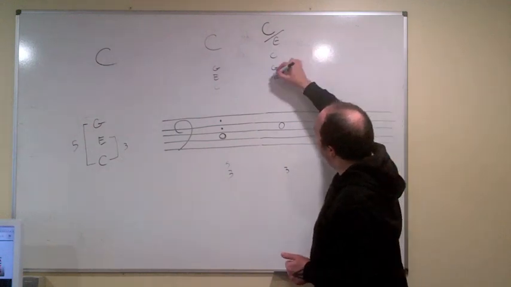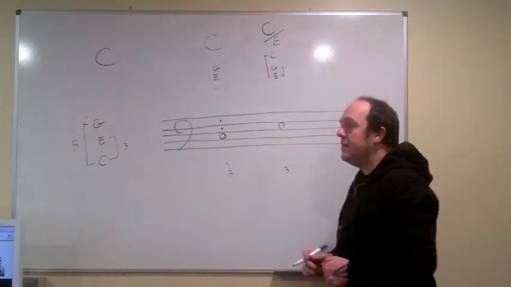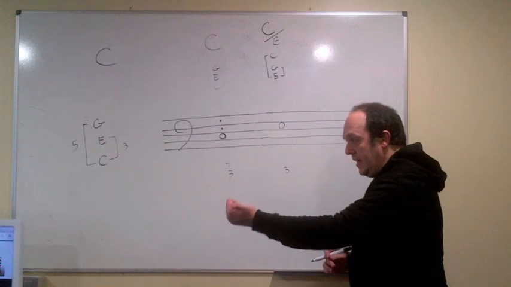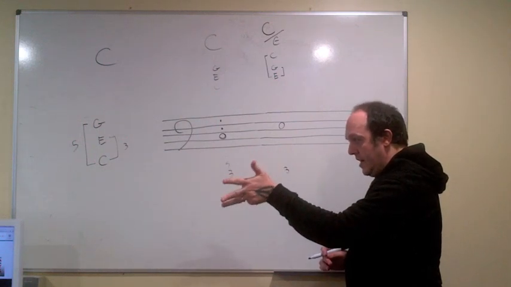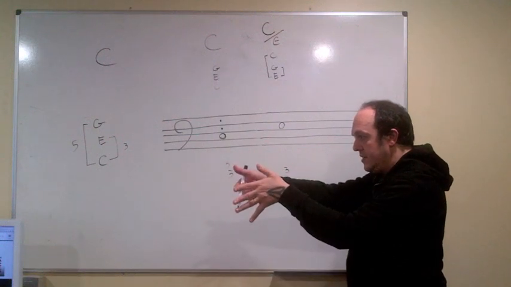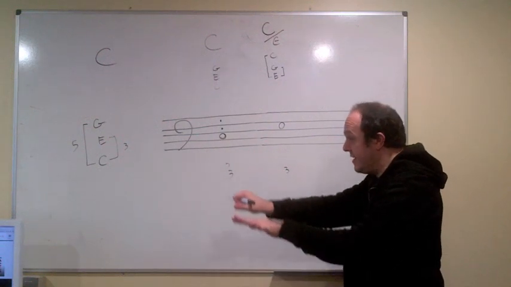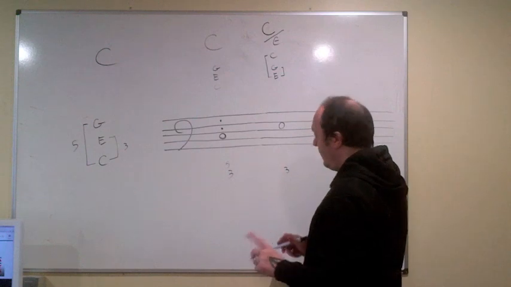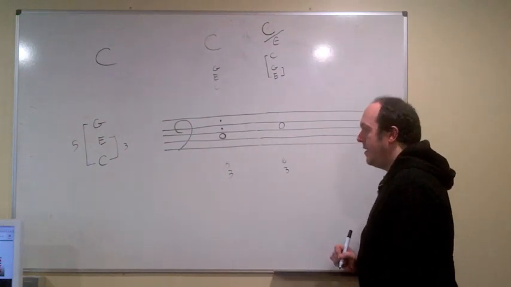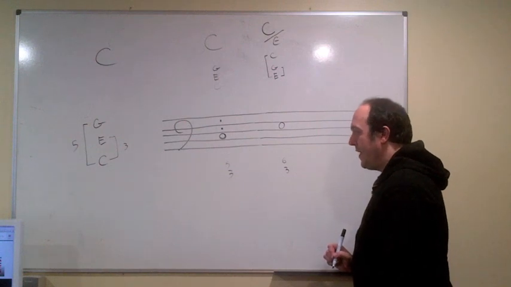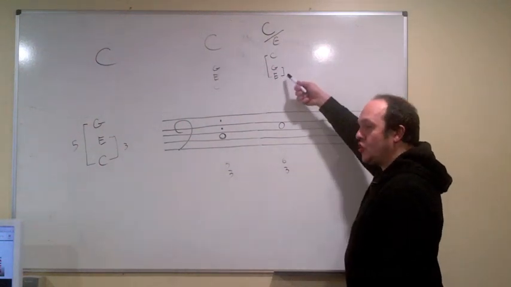And what's the interval between the E and the C? E, F, G, A, B, C. It's a sixth. 6, 3. A first inversion chord.